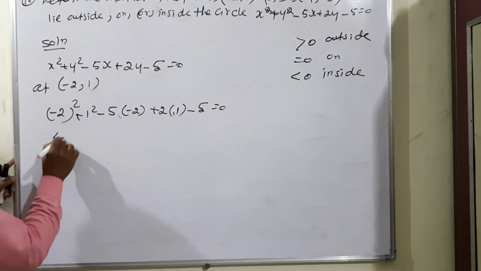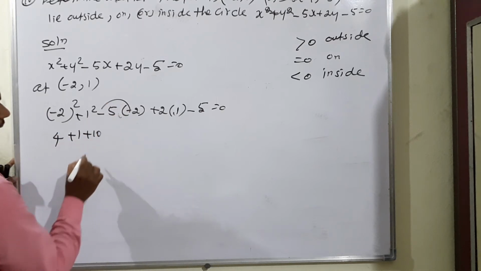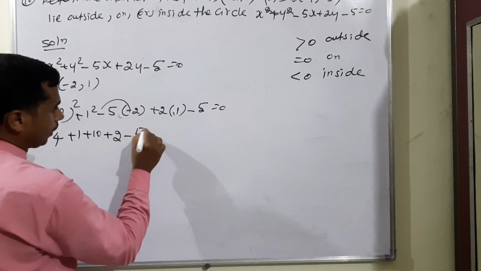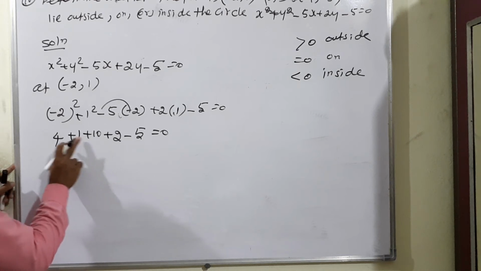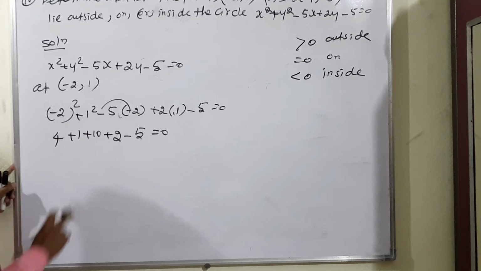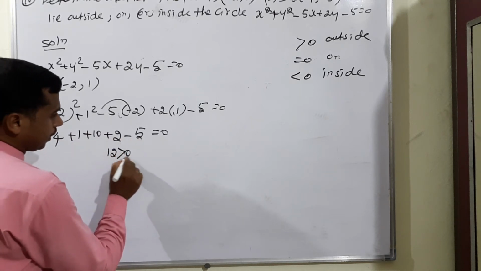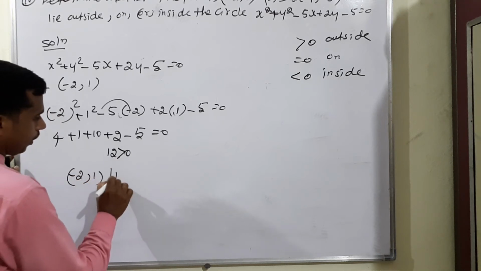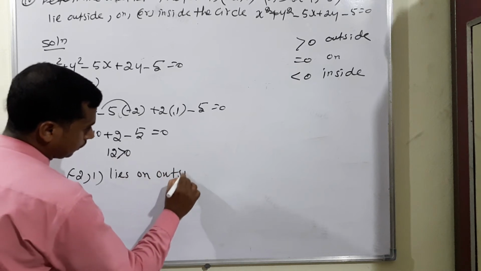So minus 2 the whole square means 4, plus 1, minus into minus plus 10, again plus 2 into 1 means 2, minus 5. So 10 plus 4, 14. 14 plus 2, 16. 16 plus 1 is equal to 17. So 17 minus 5 is equal to 12. We can say greater than 0. Therefore, we can say minus 2 comma 1 lies outside the circle.